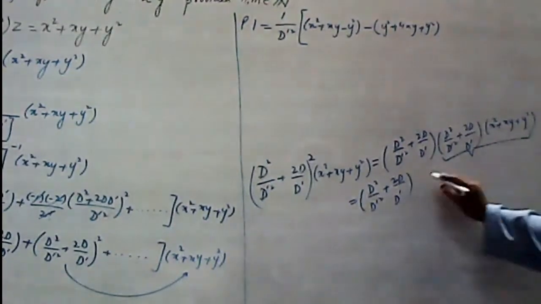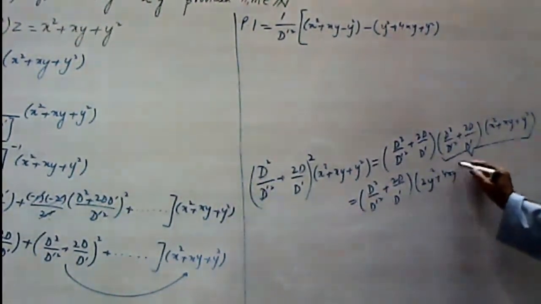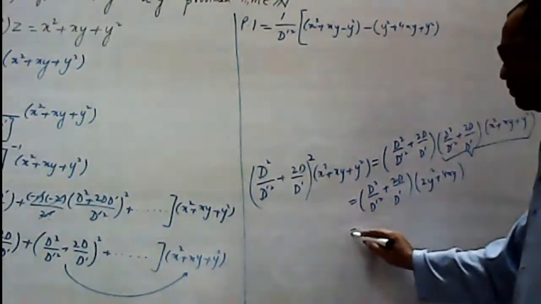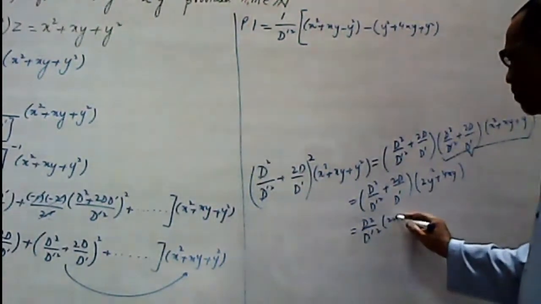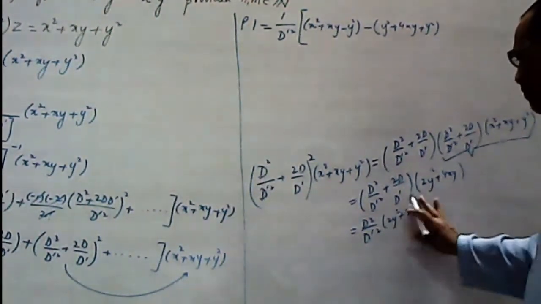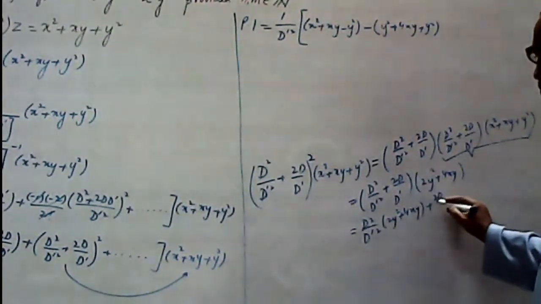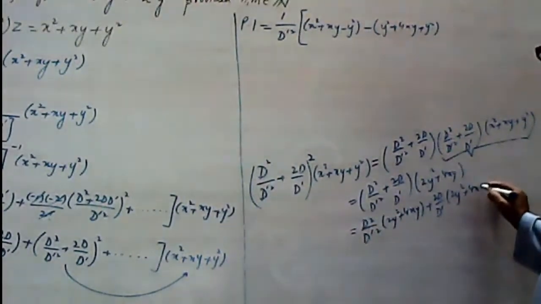This term and answer of this term is 2y square plus 4xy. It means we will apply d square upon d dash square on 2y square plus 4xy, and then plus 2d upon d dash on 2y square plus 4xy.